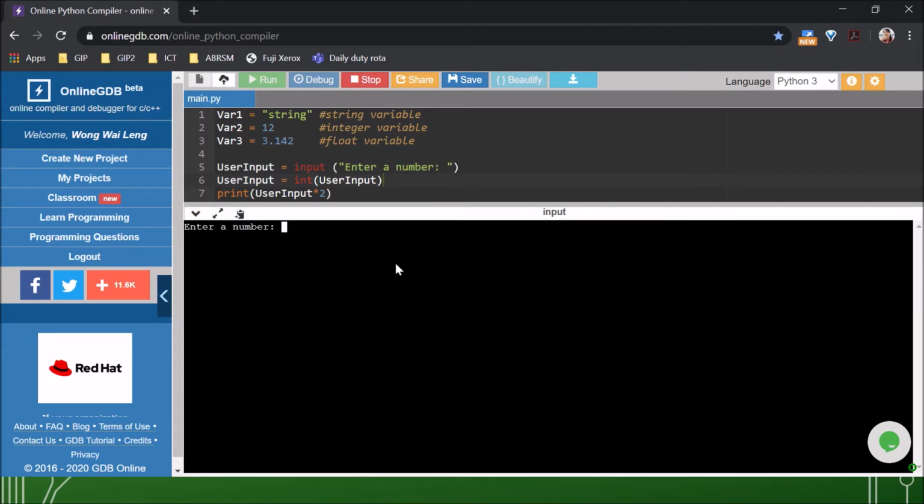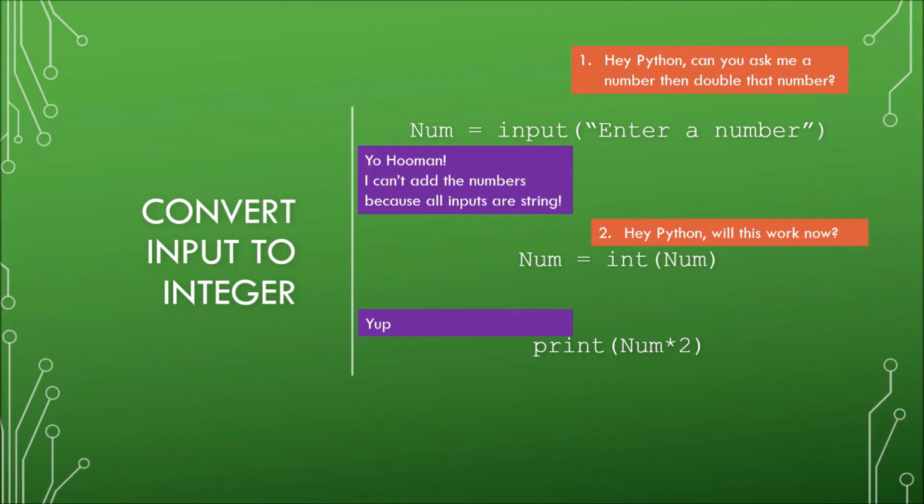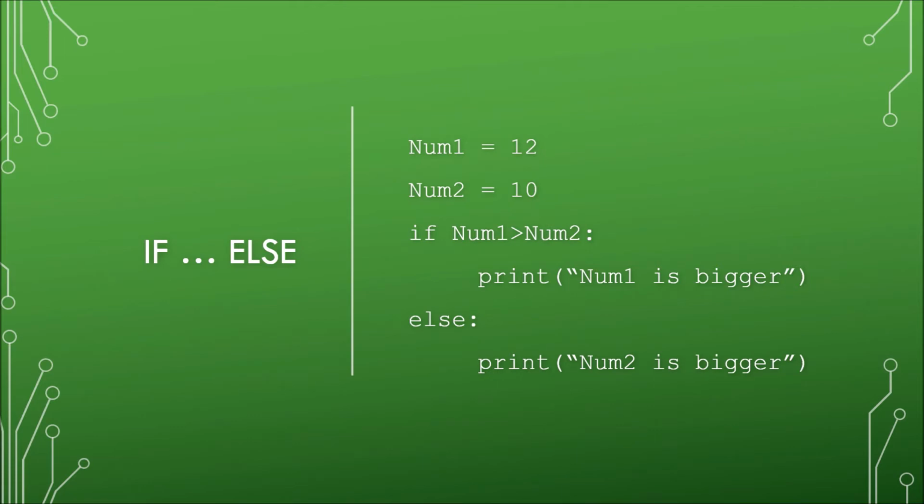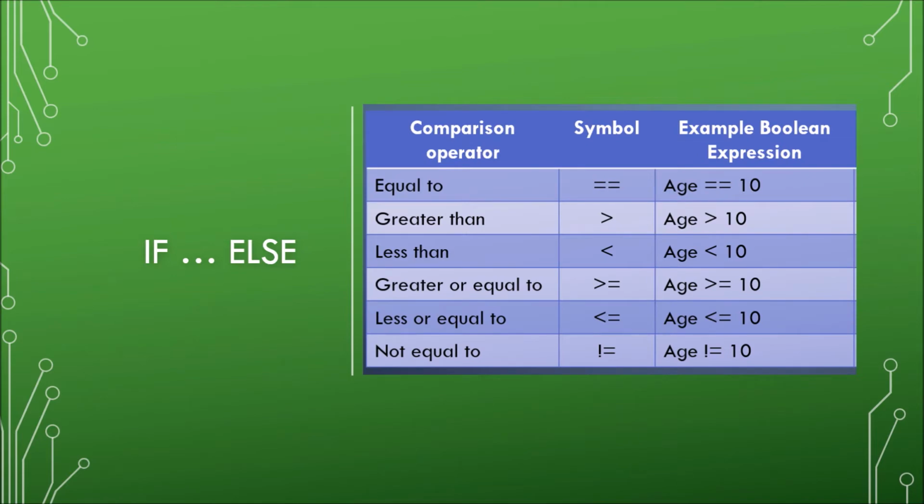So now I run it again. If I type 12, I get 24. Now in your if-else statement, we have comparison. Your if-else, the operators for if and else, that would be Boolean expressions and the symbols that you generate the condition.